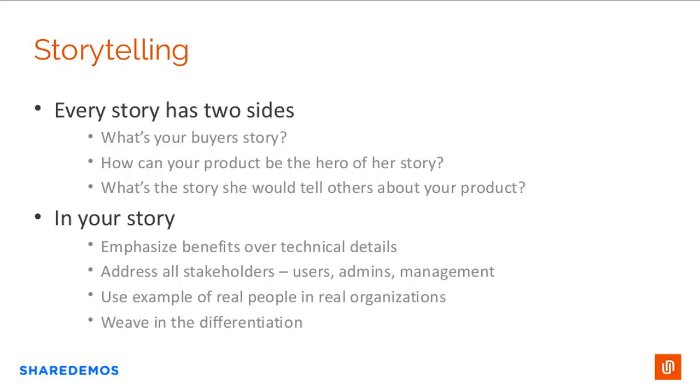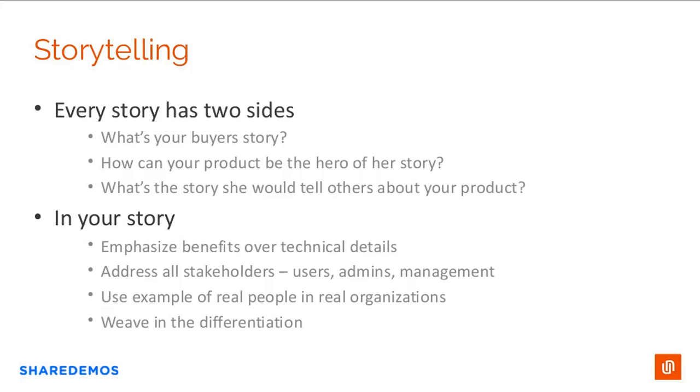Also, in the story, it's critical to cover all the possible stakeholders: users, administrators, management. Like I said earlier, the more complex the product, the more touch points it would have, and the more types of stakeholders within an organization. So how does the story cover all the stakeholders, at least all the important ones?